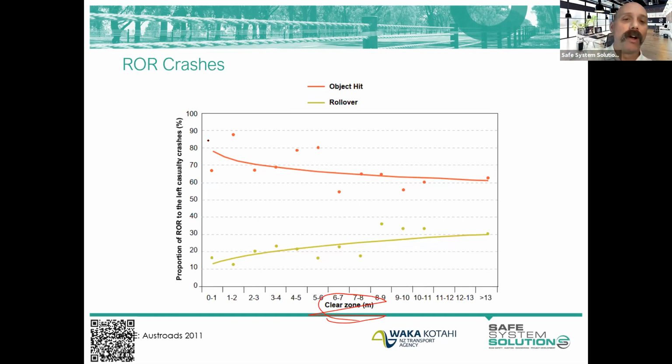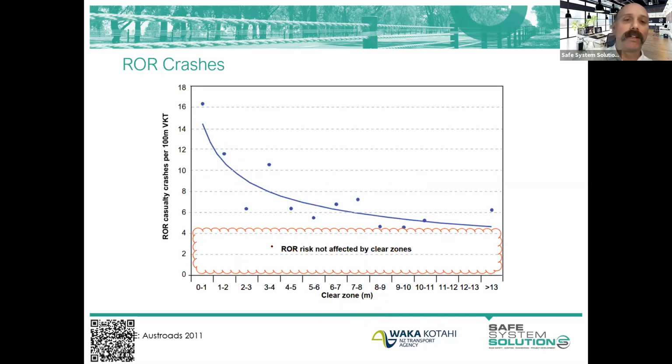So we know that objects come down as you create clear zones. We know rollover starts to go up. And we know that the run-off-road crashes that are casualty crashes reduce and asymptote out at somewhere around 4 as you create wider and wider clear zones.